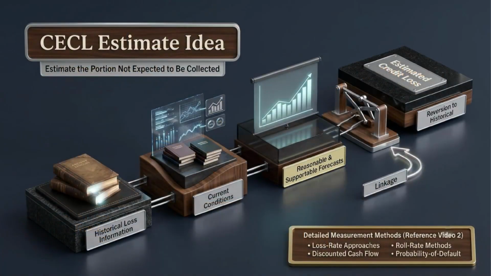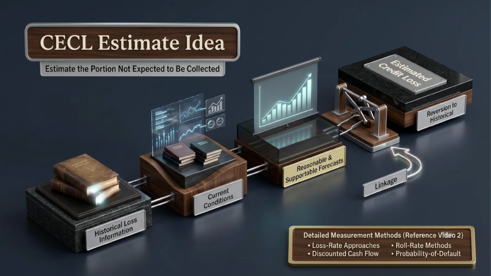At a high level, CECL estimates the portion of the amortized cost basis that is not expected to be collected. Four information layers feed that estimate. Historical loss information gives the starting point. Current conditions adjust history for today's facts. Reasonable and supportable forecasts bring forward looking evidence into the estimate.